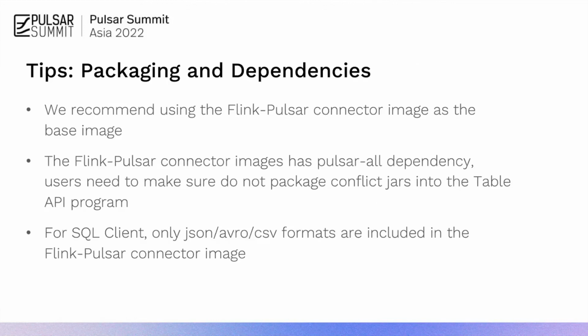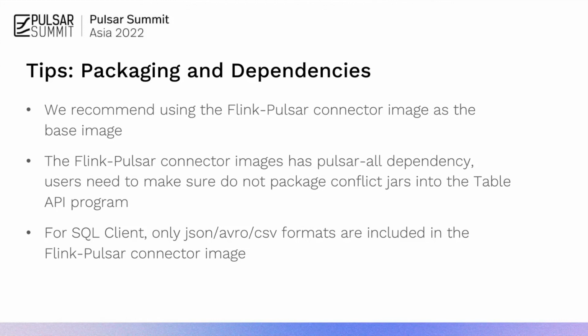The second tip is about packaging and dependencies. We recommend using the Flink Pulsar connector image as a base image. The link is provided at the end of the presentation as well. Within the Flink Pulsar connector image, it has some dependencies like pulsar-all.